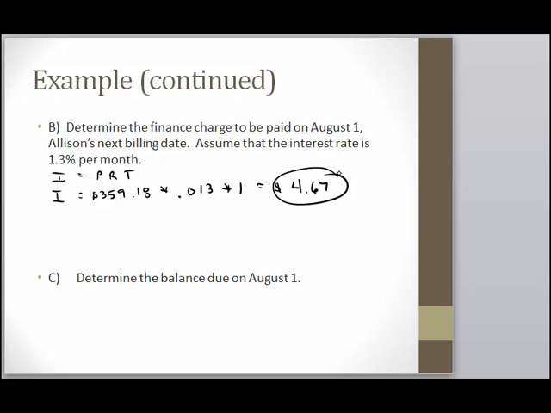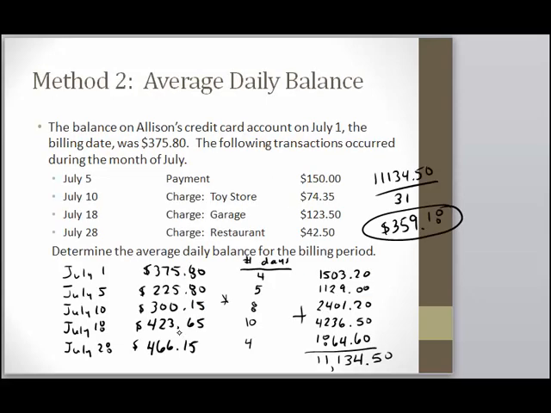The last part of this question asks us to determine the balance due on August 1st. Recall that the balance of her purchases minus her payments, the final balance, was $466.15.